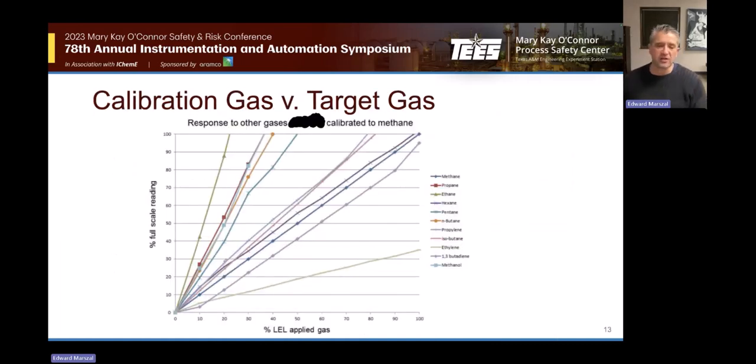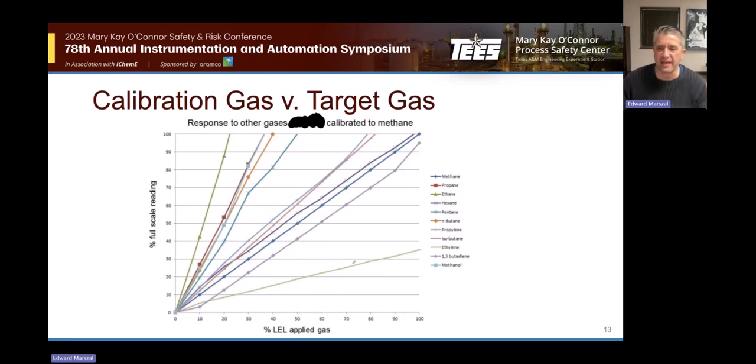Okay, so here's another example of information that your equipment vendors have that they may or may not be willing to share with you. This is for an IR absorption point gas detector that's been calibrated to methane.